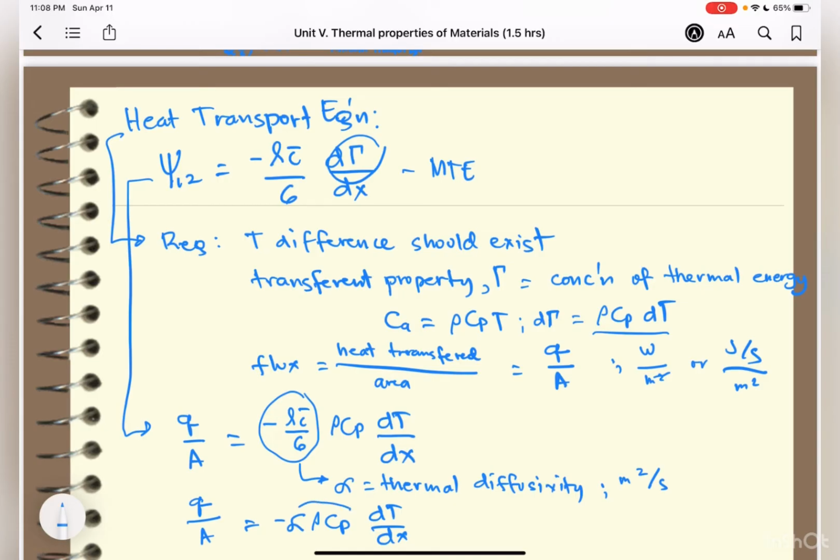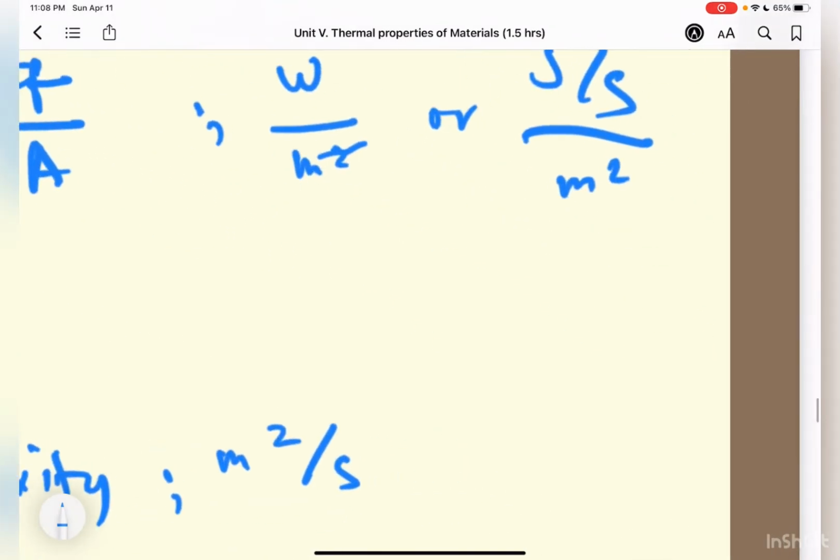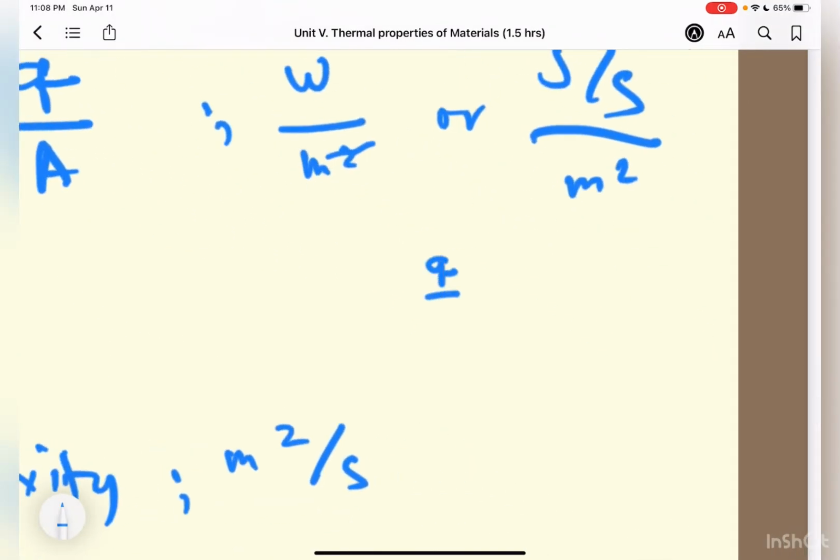Your alpha rho Cp is what we call thermal conductivity, termed K. Therefore, I arrive at an equation where my flux Q over A is equivalent to negative K, which is your rho Cp alpha, dT over dx.